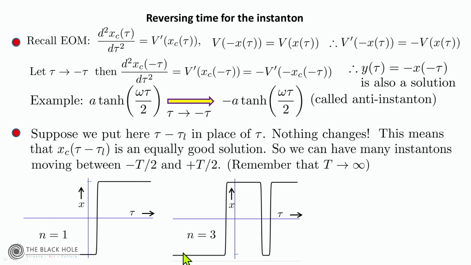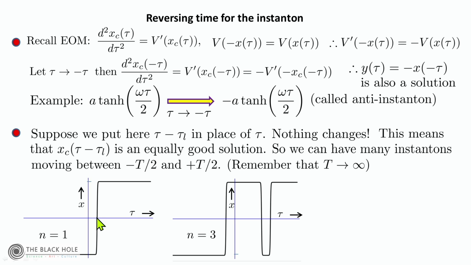Here I have three instantons. So you see, here I went from minus a rapidly to plus a. Here I went from minus a to plus a, stayed there for a while, came back, stayed at minus a, went up to plus a. So how many times did I cross?